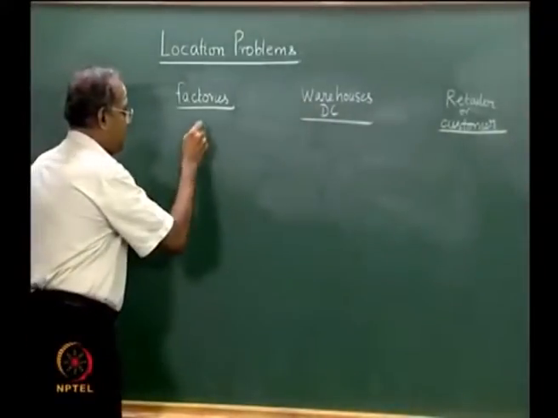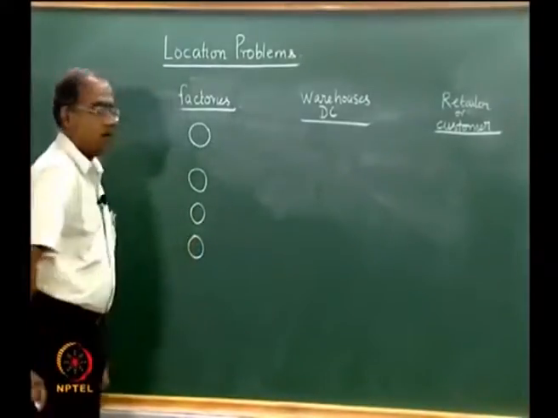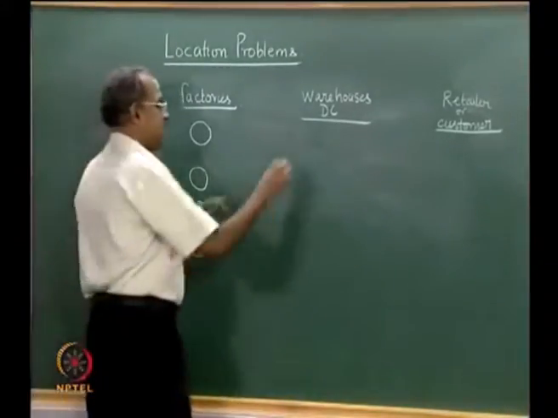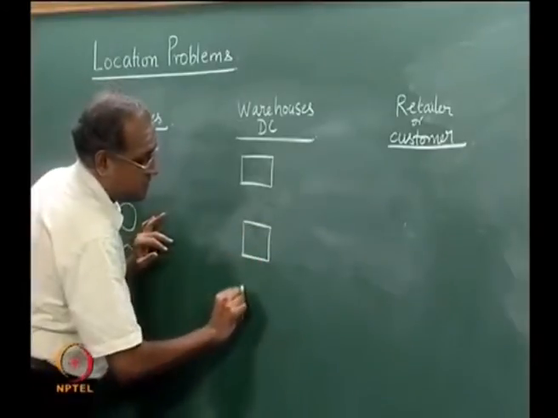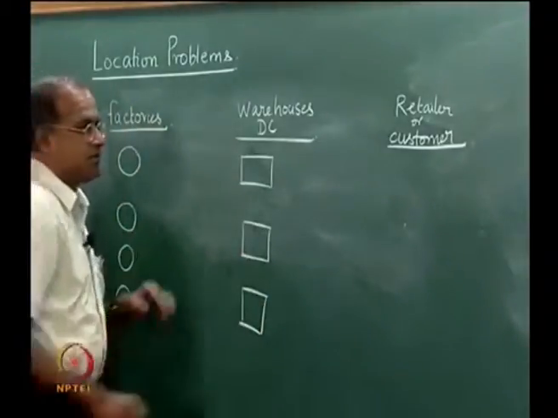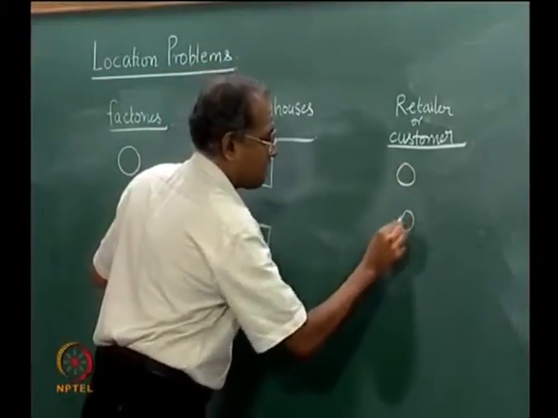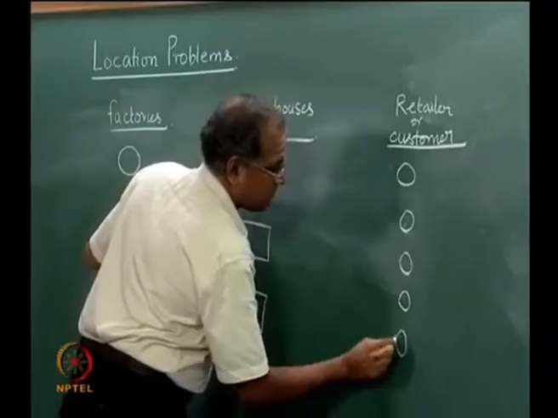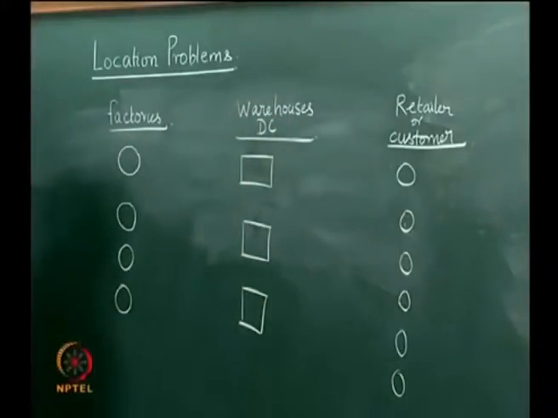So, we could have multiple locations for these factories. Now, there could be different possible locations for the distribution centers, and then there could be several customers which are here.